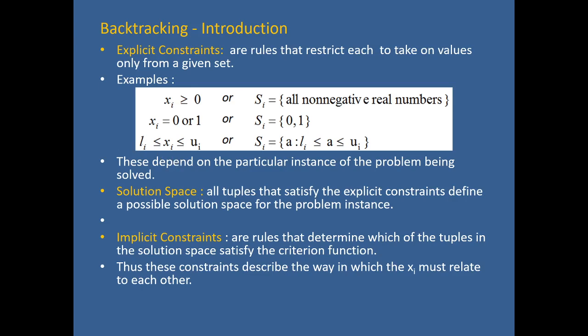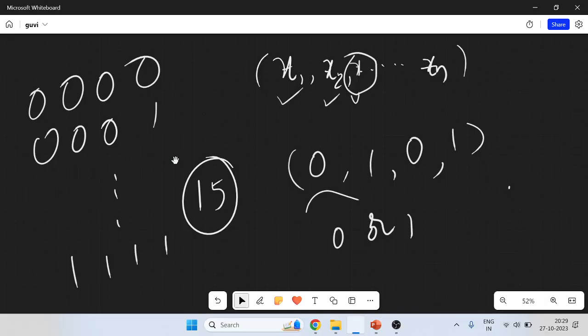All the tuples which satisfy the explicit constraints are called the solution space. Here in this case, all these 15 tuples are referred to as the solution space. Among this solution space, we'll have only a few final answers which satisfy the implicit constraints also.